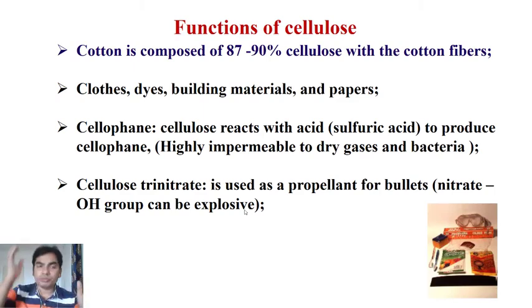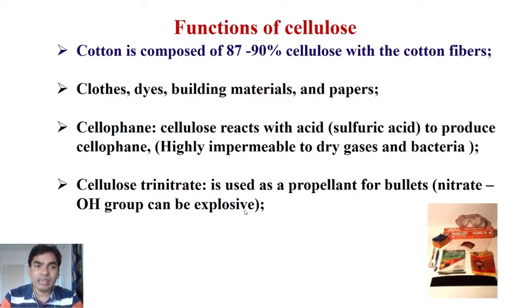So what is the function? There are many functions of the cellulose. It is composed of 87 to 90% cotton. With the cotton fibers, we use it in the cotton industry, or you can say the cloth industry, in building materials, and in the paper industry.